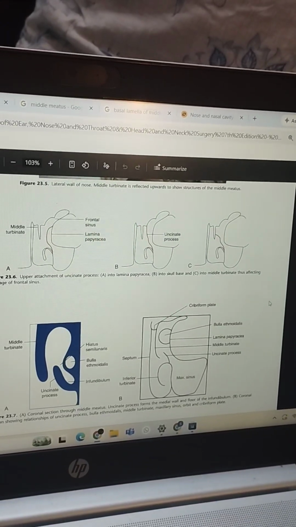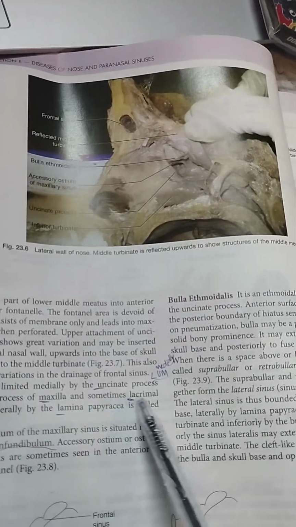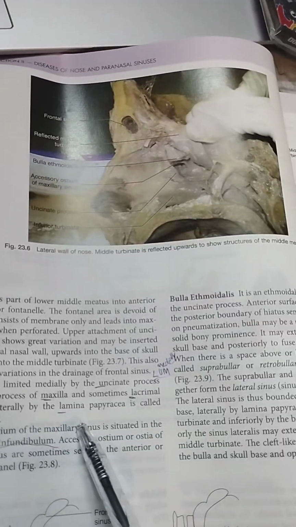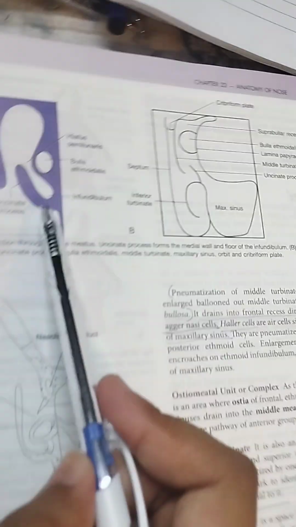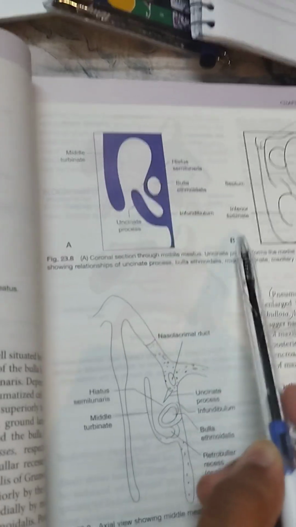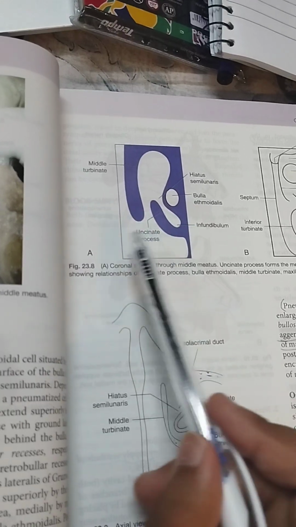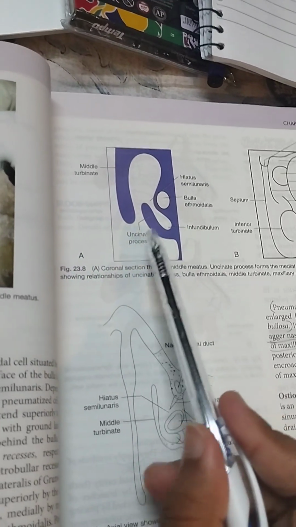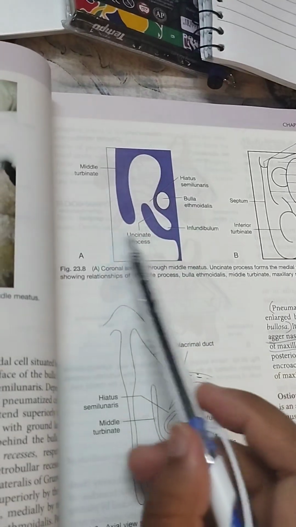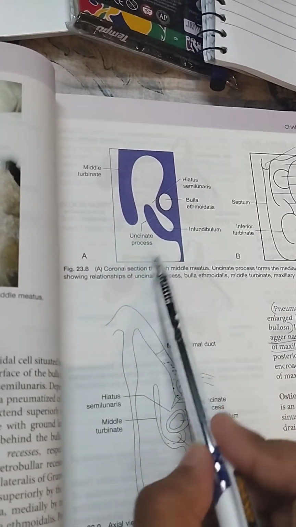The space which is limited medially by the uncinate process, the frontal process of the maxilla, and sometimes the lacrimal bone, and laterally by the lamina papyracea, is called the infundibulum.